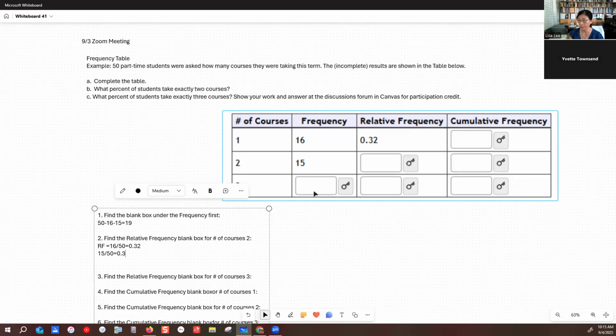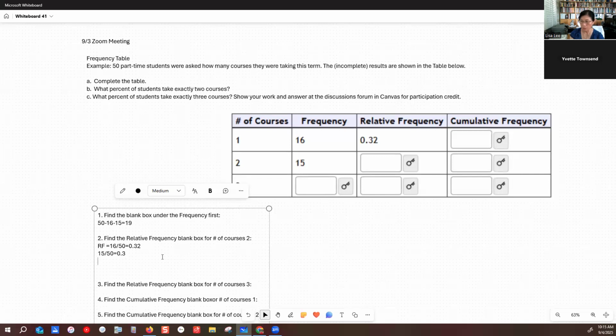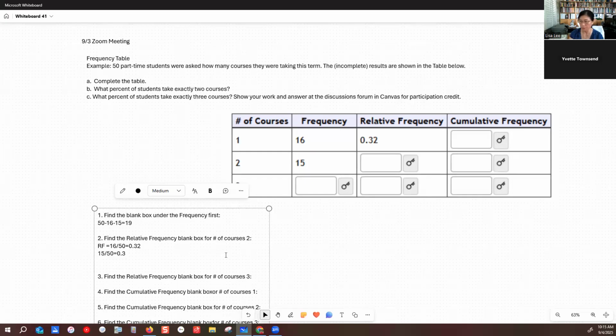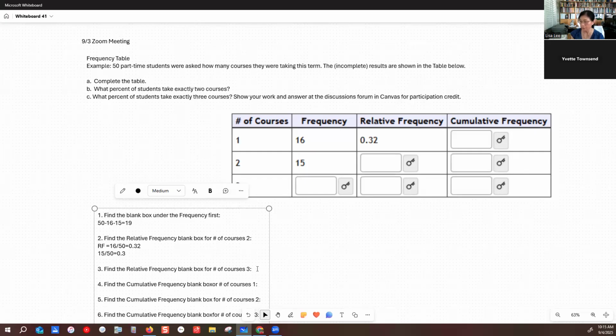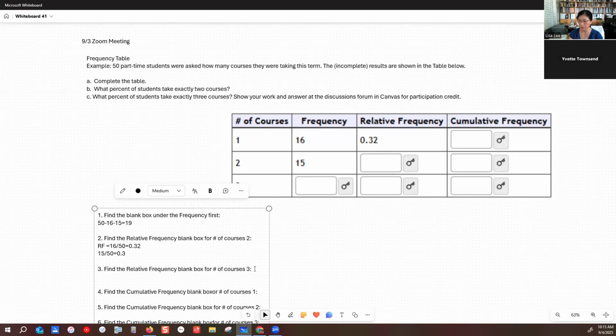For the students taking 3 courses, remember, we already found 19 students, right? So you just need to continue. Actually, I have separated this one already. I will answer this one under the number 3, okay? So that's much clearer.